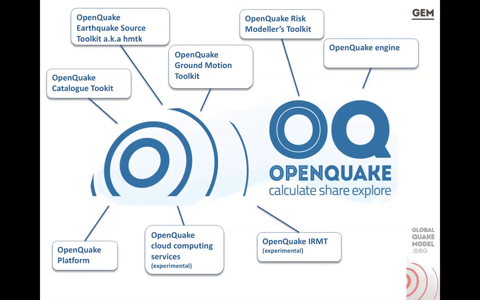This is something that you can use for working with earthquake catalogs: declustering analysis, cleaning up your catalog, and you have the earthquake source toolkit, which is now being built into the OpenQuake engine. This is for building source geometries, assigning good relationships to your sources, and building out your source models that Michael was talking about earlier in the morning.